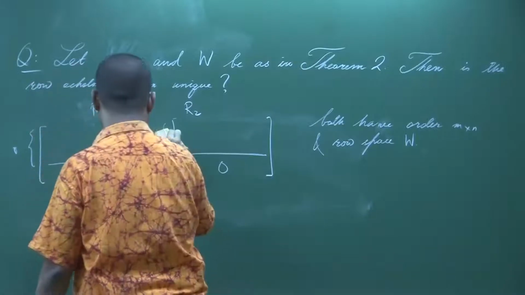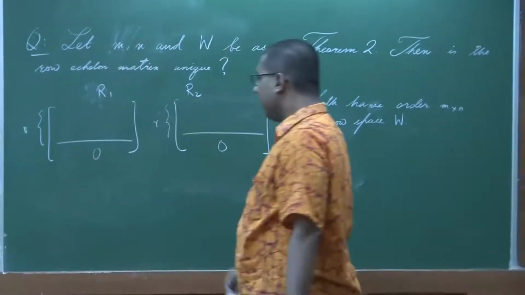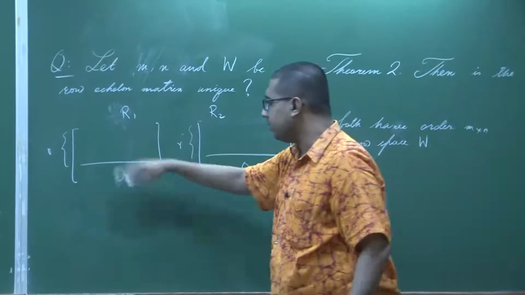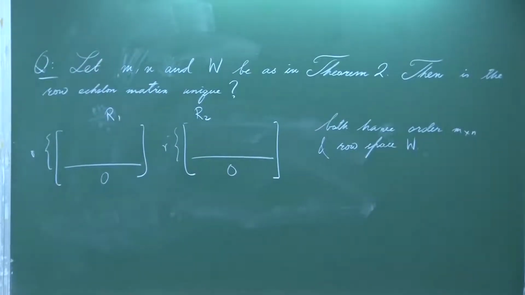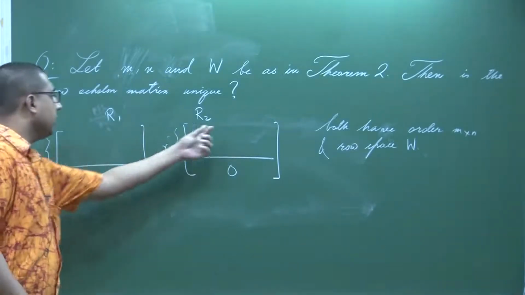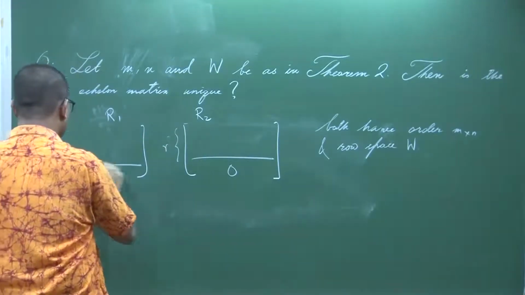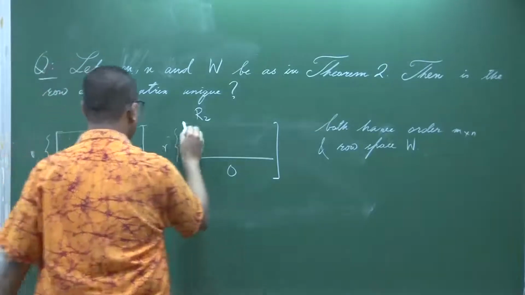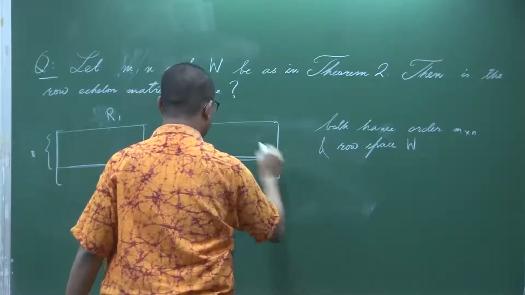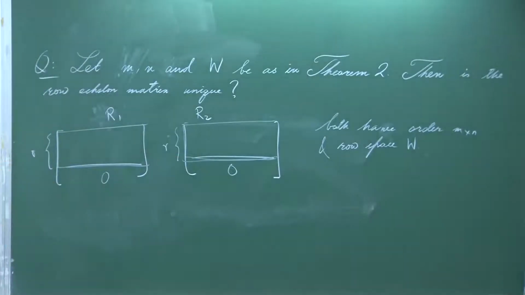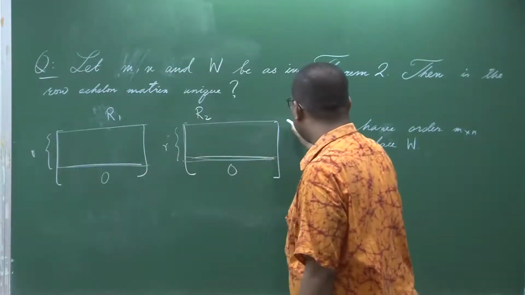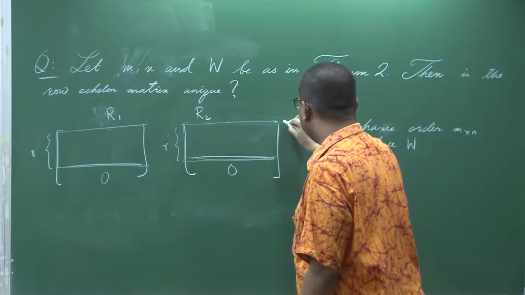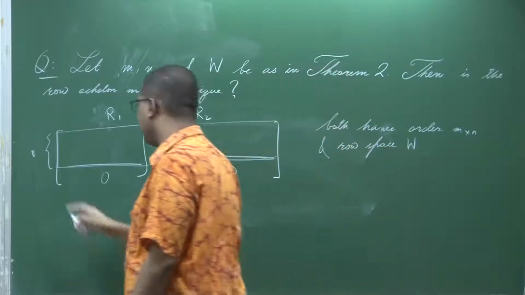So the bottom 0 block of both these matrices is the same. Now I want to prove that this block of size r cross n is also the same. Remember that W is the linear span of the rows.